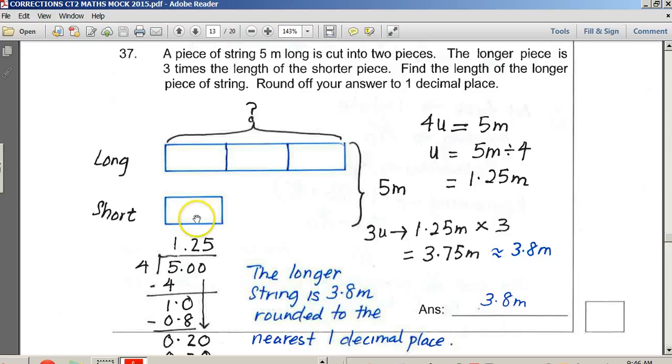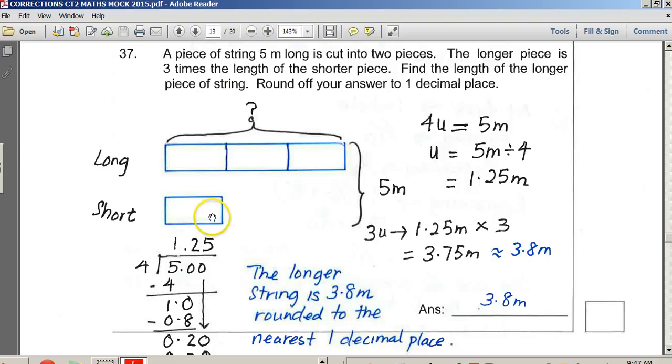So I hope you understand that 4 U's add up together to give you 5 meters. 4U gives you 5 meters. To find 1U, I get 5 meters divided by 4, which gives 1.25 meters. This means this is 1.25 plus 1.25 plus 1.25, and this is just 1.25 meters.